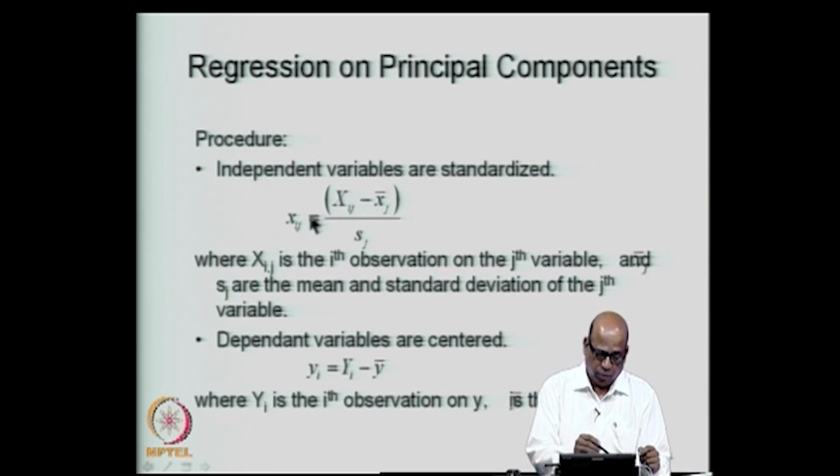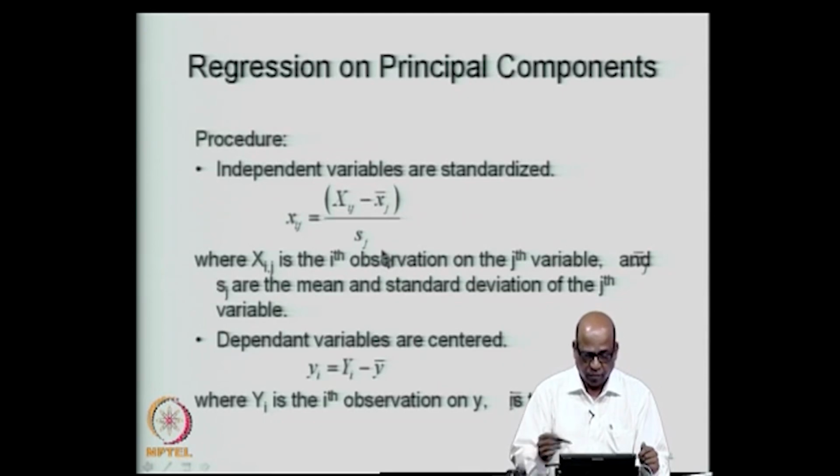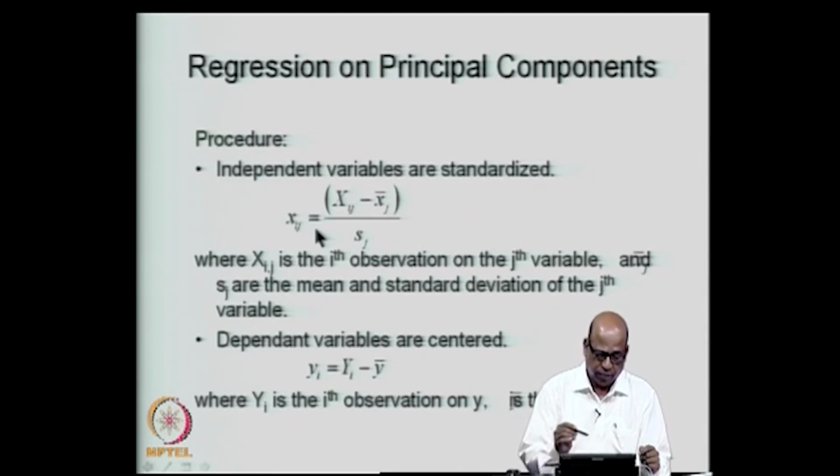Now, the capitals and small are used interchangeably in regression as I mentioned earlier. So, do not worry too much about the capitals and the small, as long as you understand that this is the observed value of the ith observation and jth variable, and therefore, we are talking about the mean of the jth variable and the standard deviation of the jth variable. So, that is how you standardize all the independent variables.